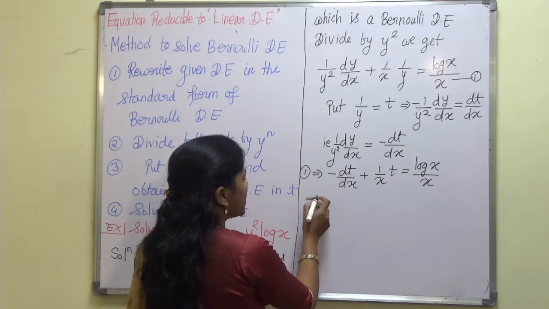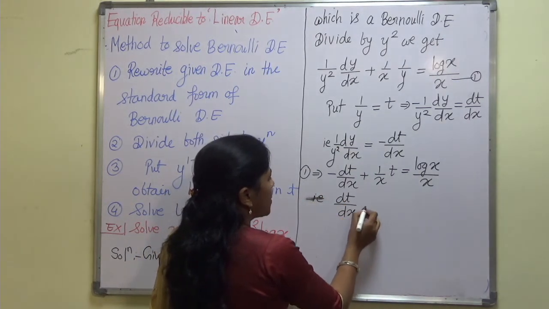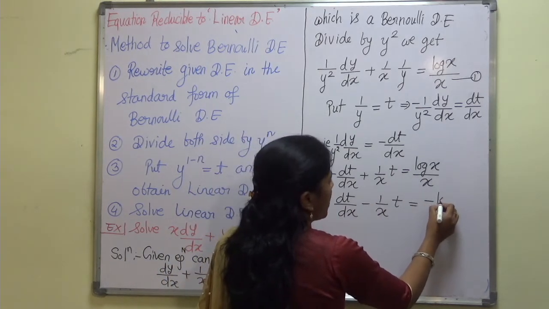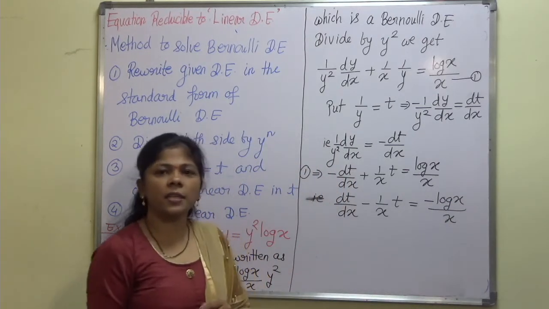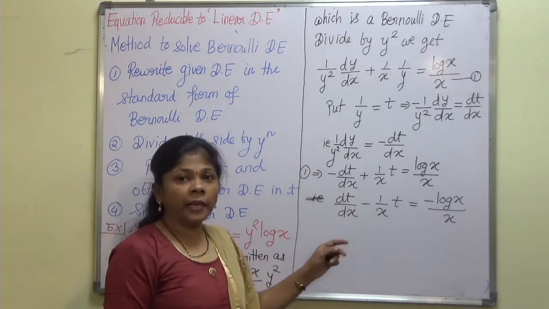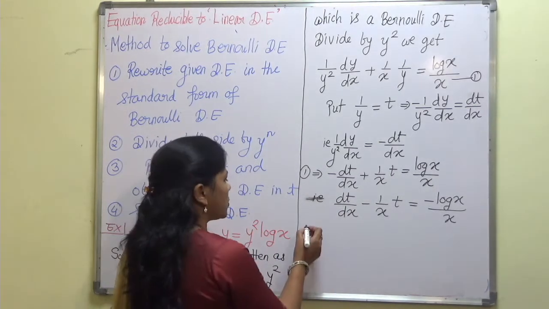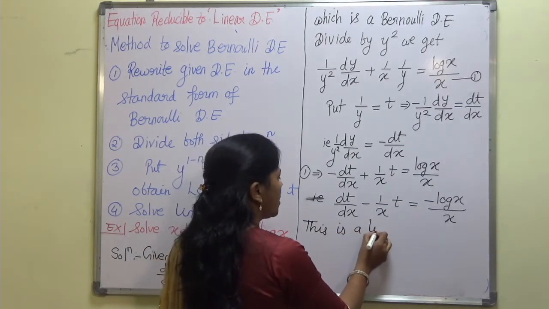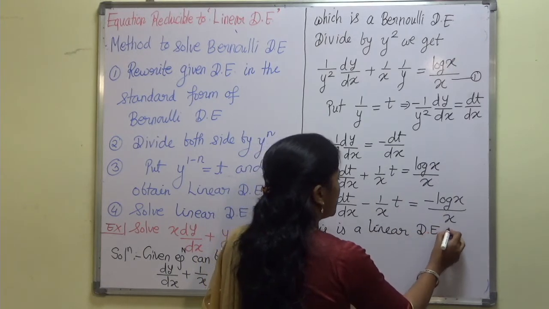That is dt by dx minus 1 by x times t is equal to minus of log x by x. Look at this equation. It is a linear differential equation with t as a dependent variable, a linear differential equation in t.